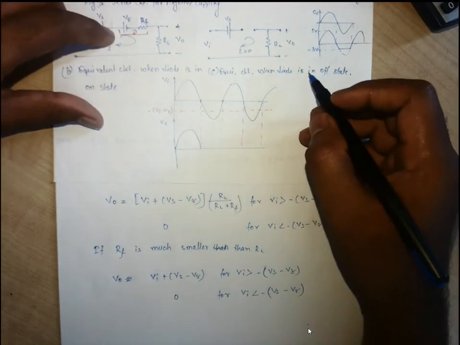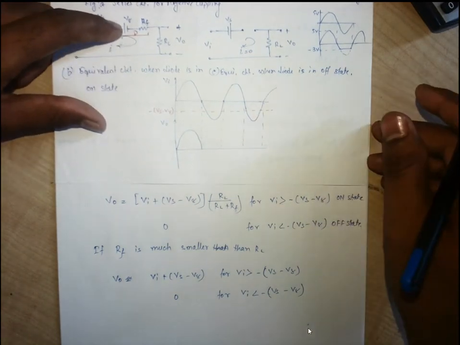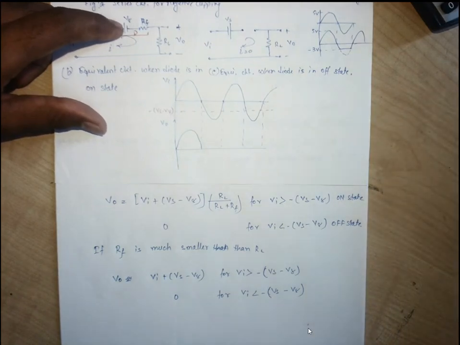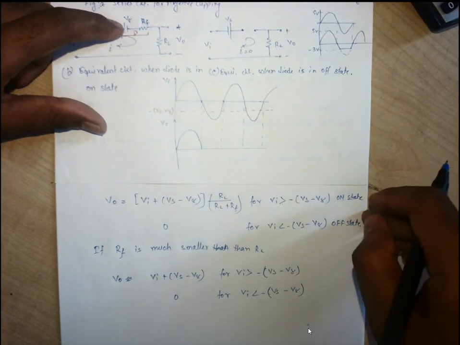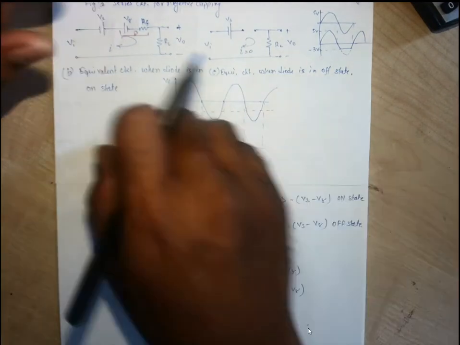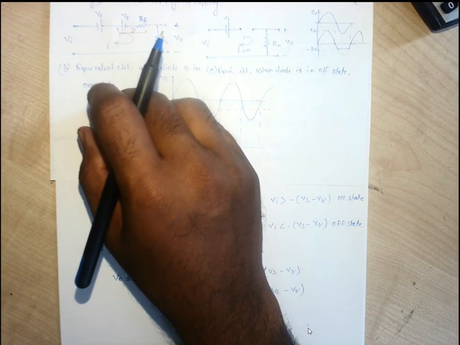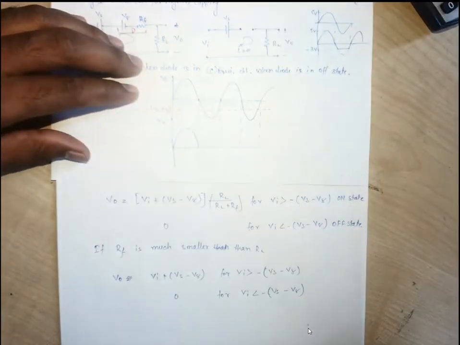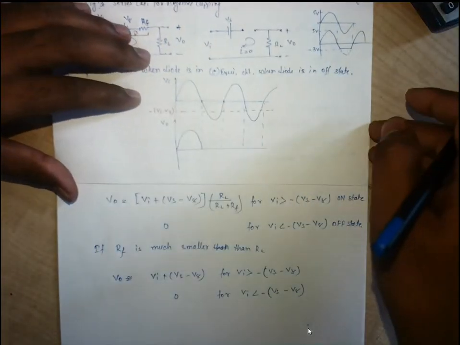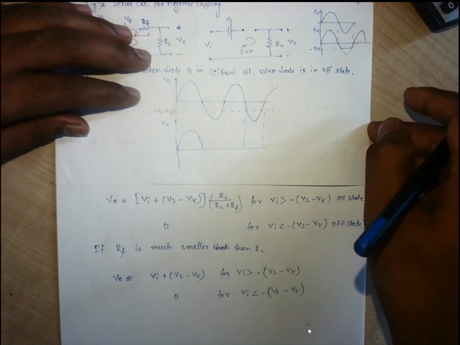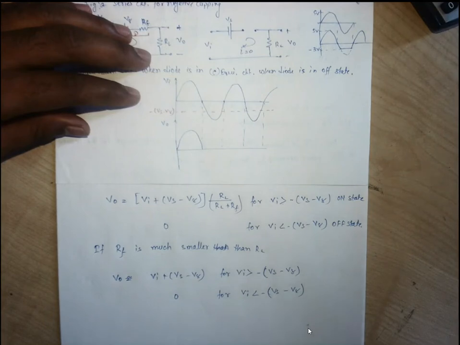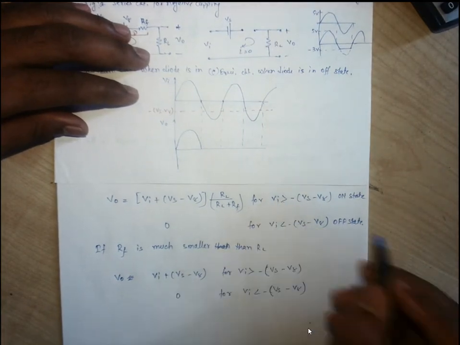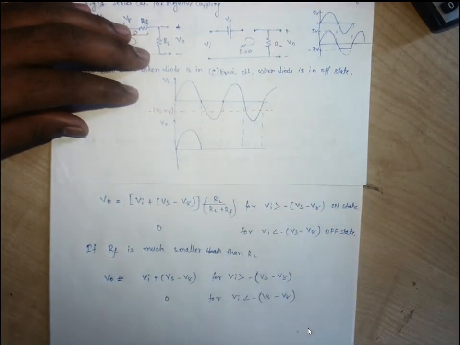The diode is in reverse bias. Let us consider the diode is reverse biased due to minus 5 volt. So the diode will be forward biased if we go with a voltage which is greater than minus 5 volt, that is greater than minus Vs minus V gamma.